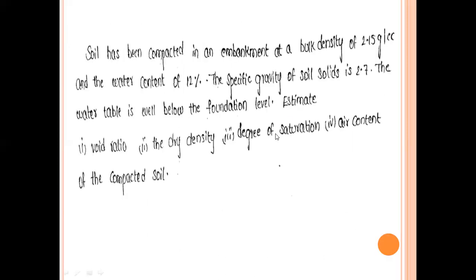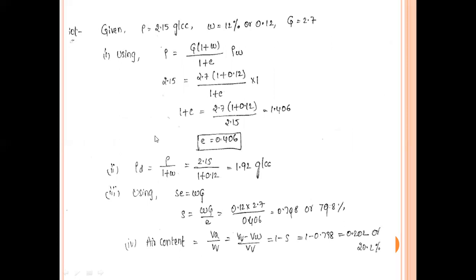So here, given data: bulk density rho equal to 2.15 gram per cubic centimeter, water content W equal to 12 percentage or 0.12, and specific gravity G is 2.7. So first we find out the void ratio using this formula: rho equal to G into (1 plus W) by (1 plus E) into rho W. Here rho value is the bulk density 2.15 and G is the specific gravity 2.7.